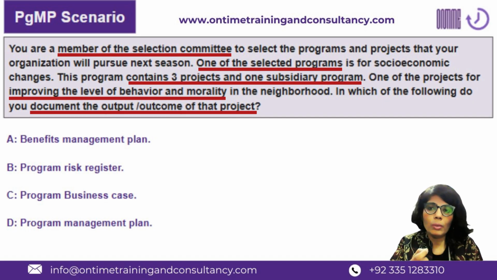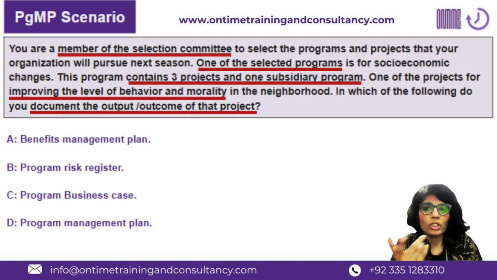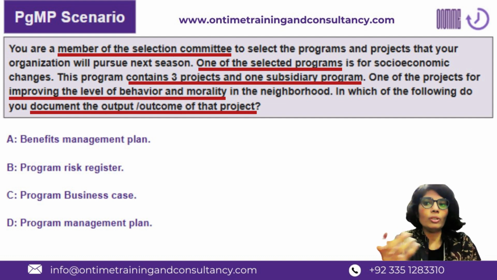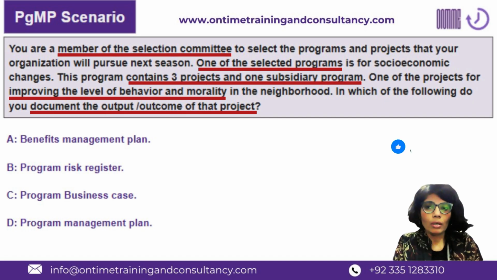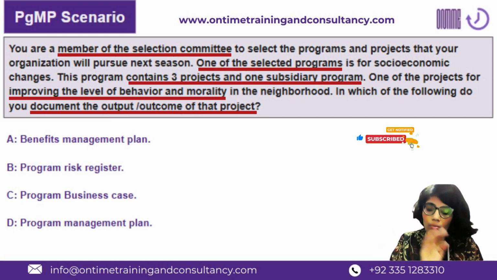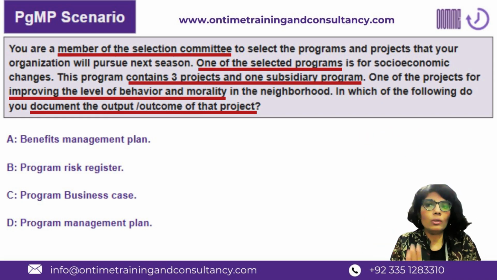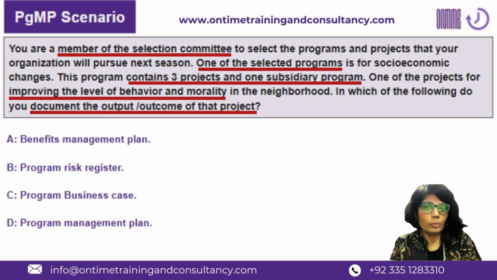If you are going to be judgmental, you would directly jump to the benefits management plan, saying that one of the benefits is being discussed, improving the level of behavior and morality in the neighborhood, that this is a key benefit, and that you are going to document it in the benefits management plan. This is correct, you are going to document it in the benefits management plan.